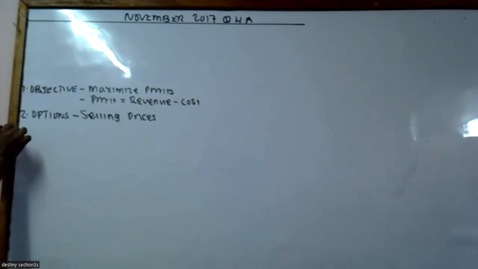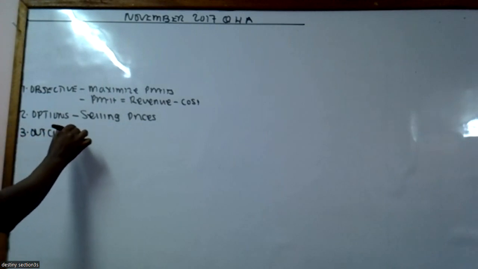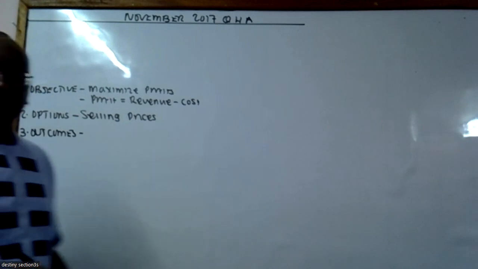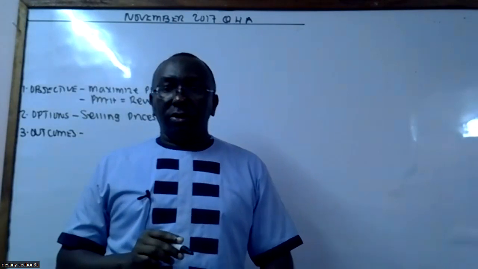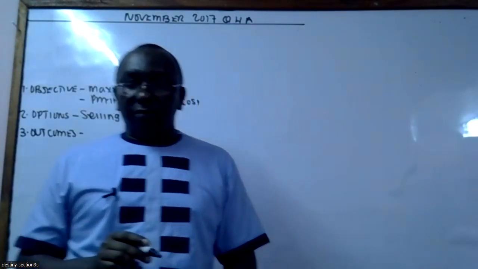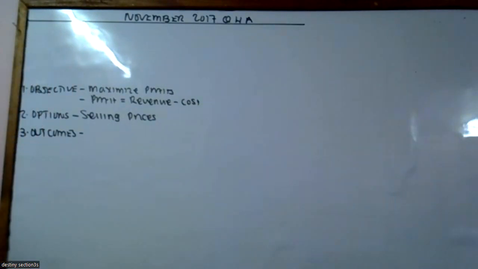From there, number 3, we identify the outcomes. And I told you outcomes refer to the states of nature because they are beyond control of the decision maker. So we need to know what is beyond control.